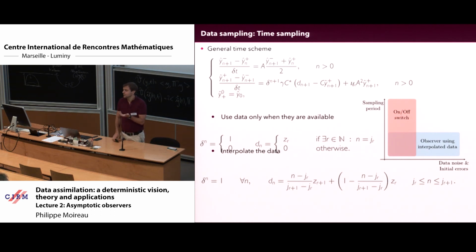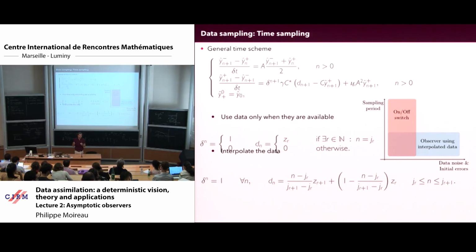The message is very simple. If you use the data only when you have them, you do not introduce any error because you use the data only when they are available. But you can lose some stability because between two data points you have your dynamics, which is conservative. So maybe you will get far from the solution, and then when you use the new data, you will be too far.